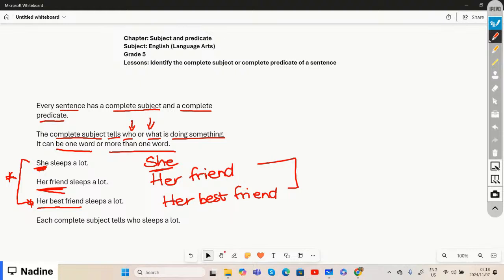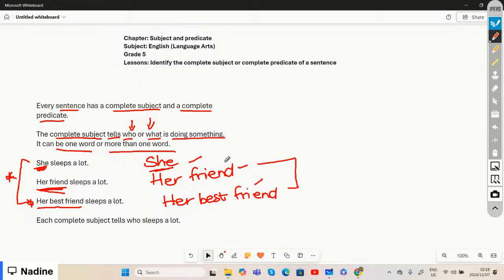And the subject can either be one word like she, or more than one word like her friend or her best friend, right? All right. So she is the subject, her friend is the subject, her best friend is the subject.